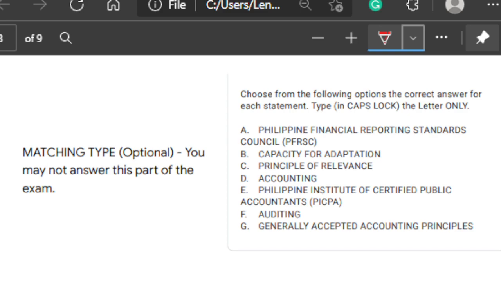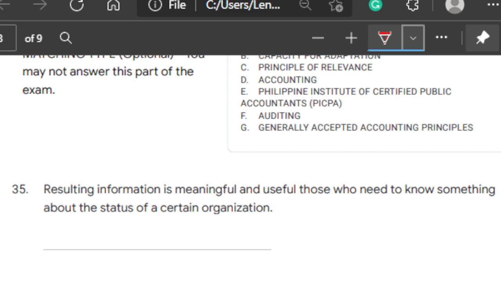So first, resulting information is meaningful and useful to those who need to know something about the status of a certain organization. So our answer here is the principle of relevance. Letter C. Next, 36.